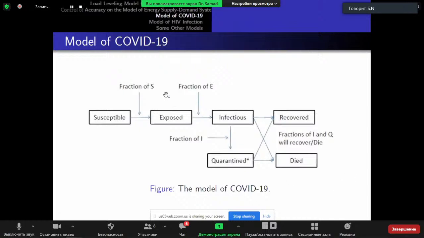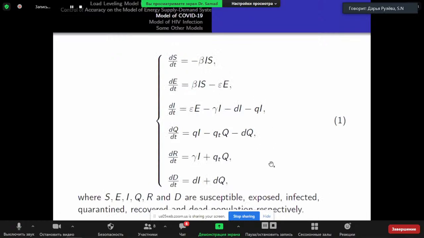Also, we have some other parameters. Its mathematical form would be the form of a system of, again, non-linear ordinary differential equations, with 6 functions and 6 elements. After adding some data and solving the model, we can find the approximate solution for the model.